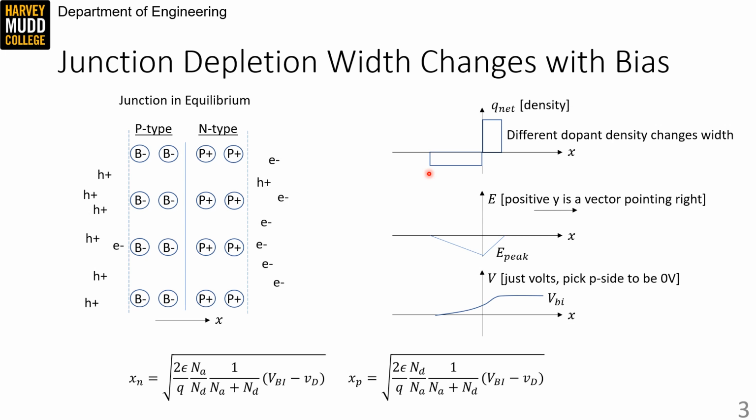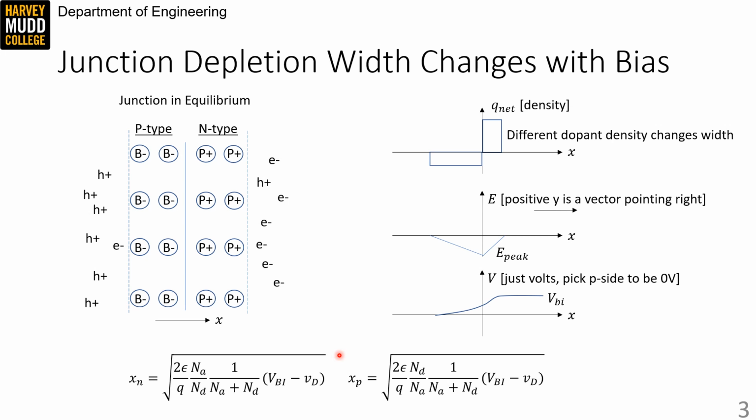However, we haven't yet spoken about the total width of the depletion region. We can use constraints similar to charge balance, which are derived from the E field plot and the V field voltage plot here, to calculate the total width of the depletion region. I've skipped straight past that derivation to the results at the bottom of the slide, which show the width of the depletion region in the N-type semiconductor and in the P-type semiconductor.